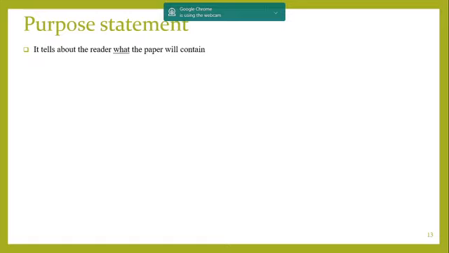Now you have got your audience. Then what are you going to do with the audience? That is the main thing here. Your research paper should have a purpose statement: why you are writing the paper, and what information the paper will contain.